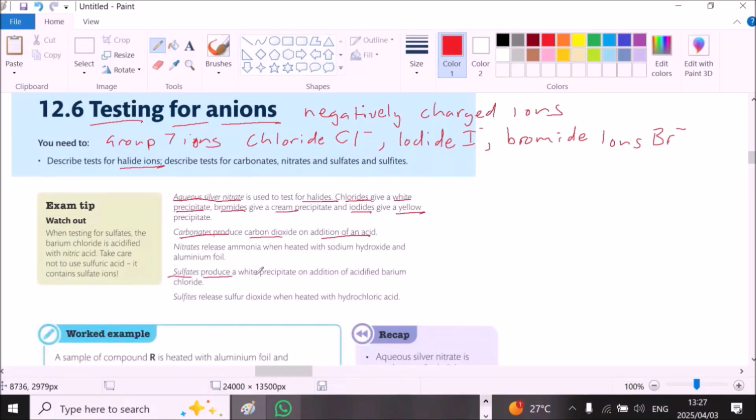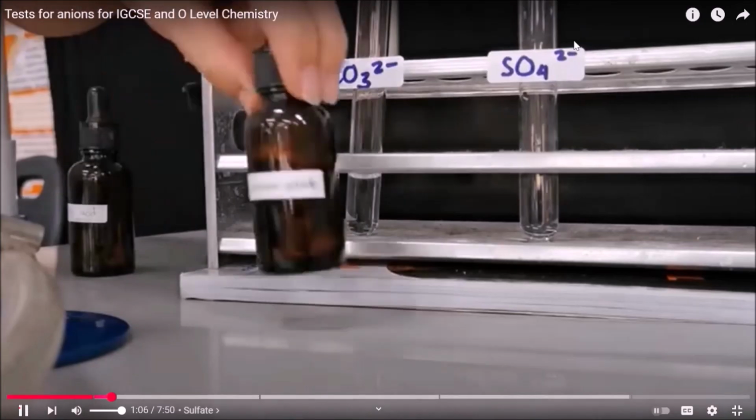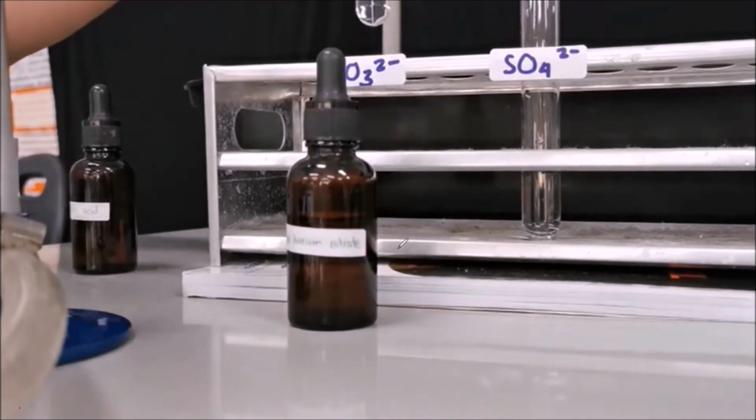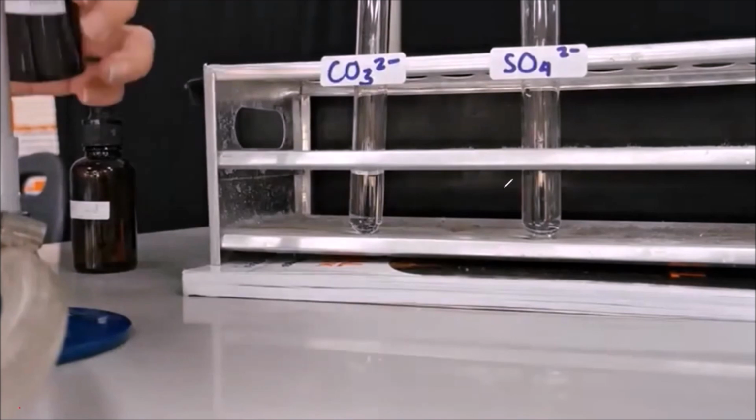Sulfates produce a white precipitate on addition of acidified barium chloride. Let's look at an experiment where we have a solution containing sulfate ions and we add acidified barium chloride. So here we use barium nitrate because barium and sulfate ions react to give a white precipitate.